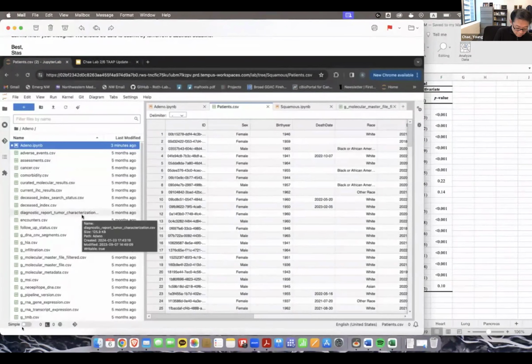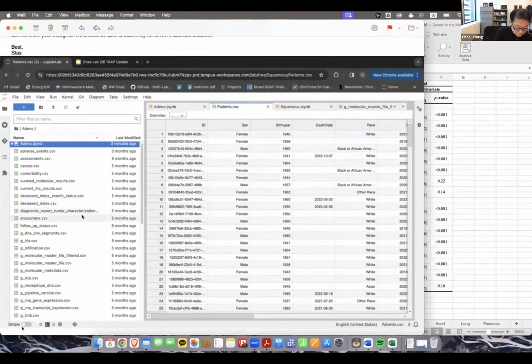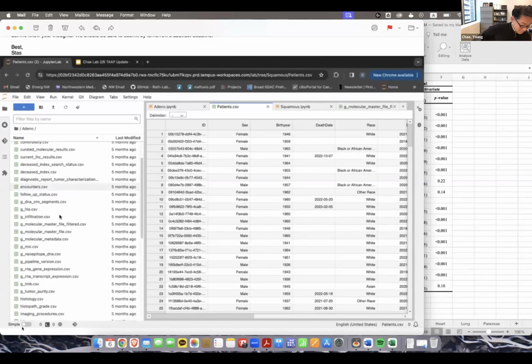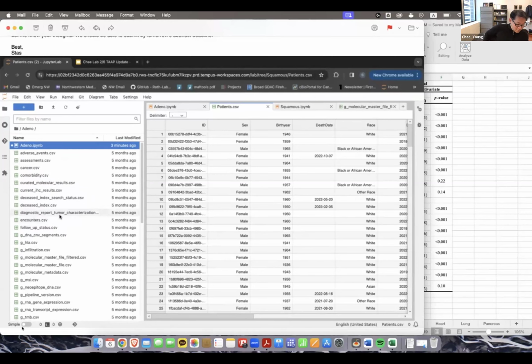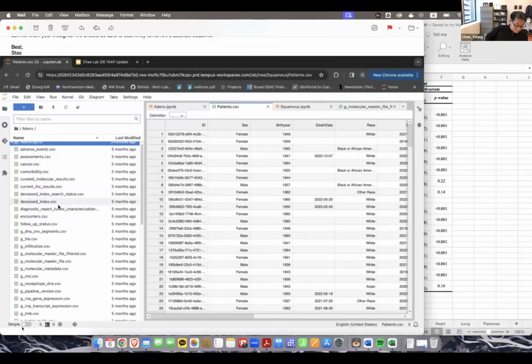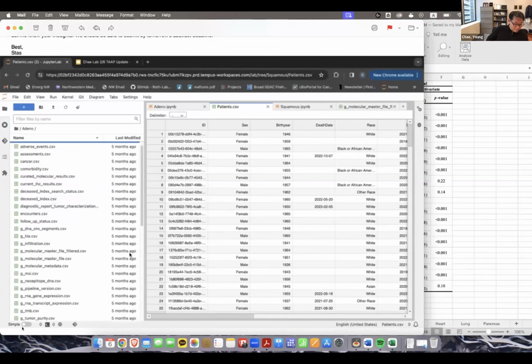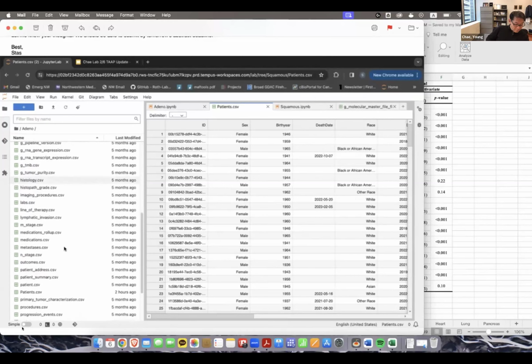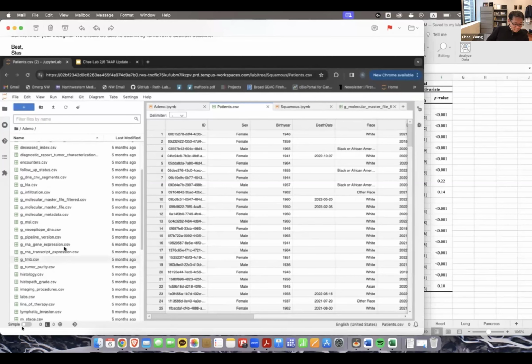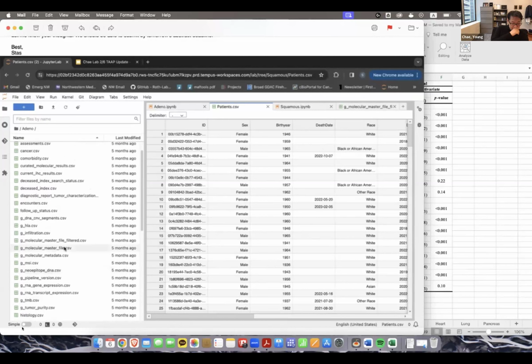The way Tempest does it is it takes all the patient's data, clinical, molecular, etc., and organizes it in a collection of CSV, kind of Excel sheet files. Some information overlaps between sheets, some is unique to certain sheets.